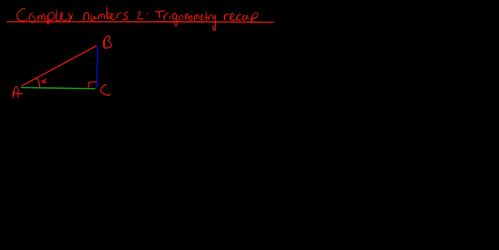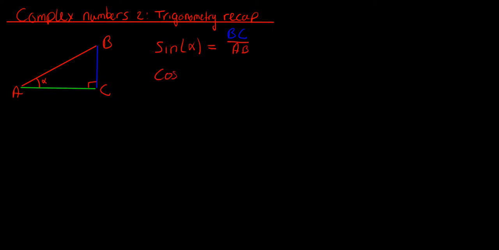Now, what do our trigonometry functions say again? We have our sine function of the angle. If you want to calculate the angle, this is proportionate to the opposite side divided by the hypotenuse, AB.